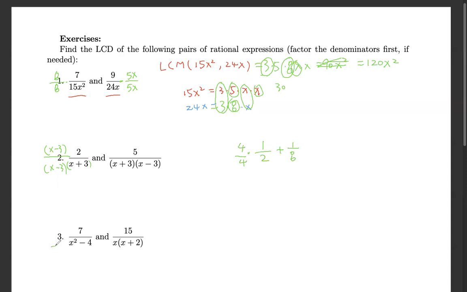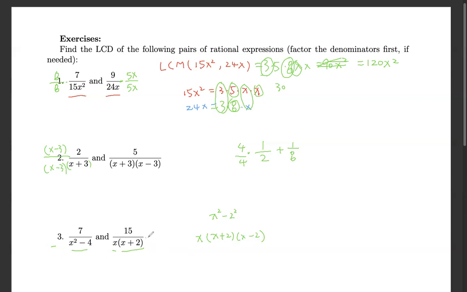Now let's see 3. x squared minus 4 is a difference of 2 squares, right? That can be factored as x plus 2 times x minus 2. Then the second one has x times x plus 2. So the least common denominator should be x, this factor, times x plus 2, this common factor, then x minus 2.